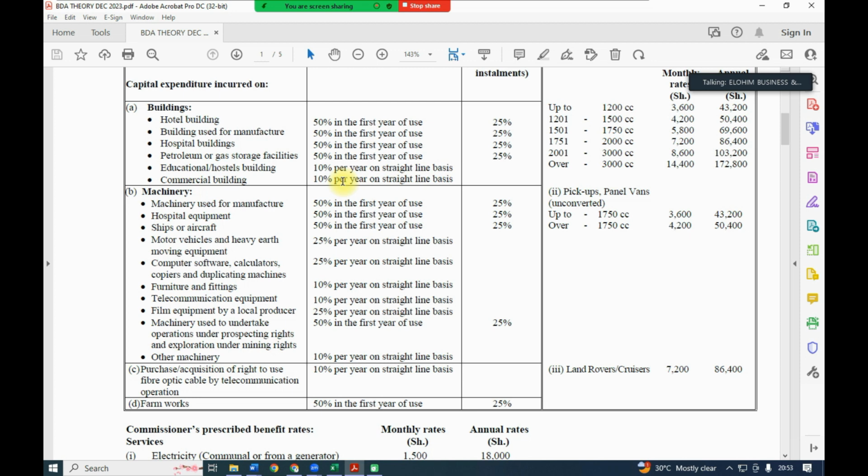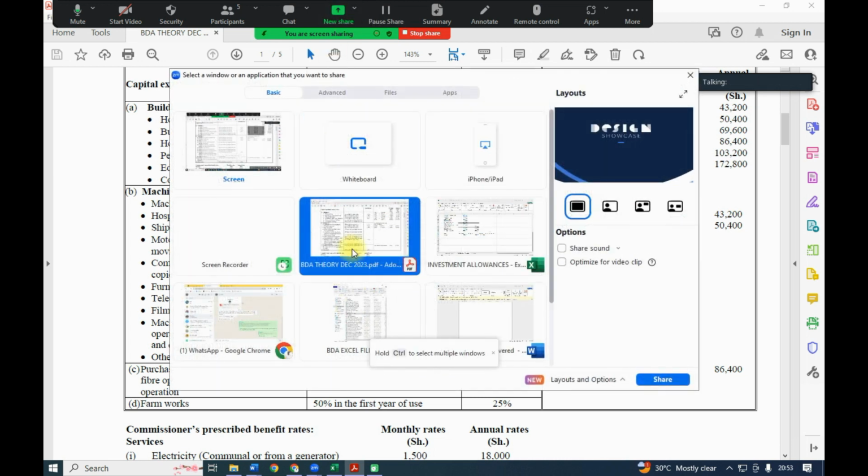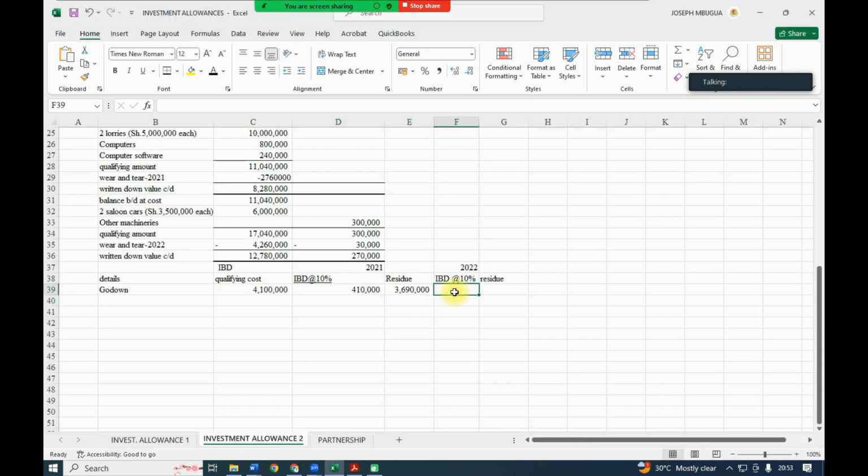Straight line basis, just use the costs. We shall calculate based on the cost. So for that one, we shall take our qualifying cost that we had. Again, we multiply by 10%.